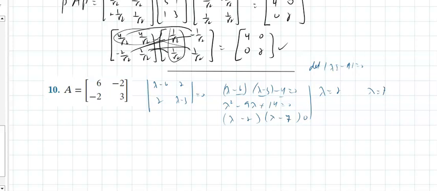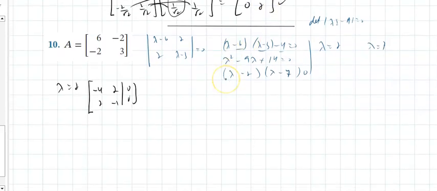Now, if I apply this, lambda equals 2, well, let's see what we're solving. We're solving negative 4, 2, and if I take twice row 2 plus row 1 in row 2, so twice of that will make it 4, negative 2.